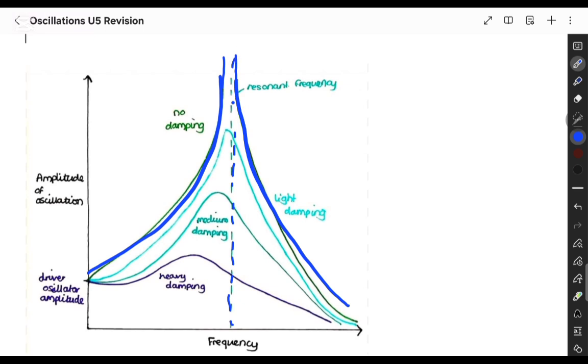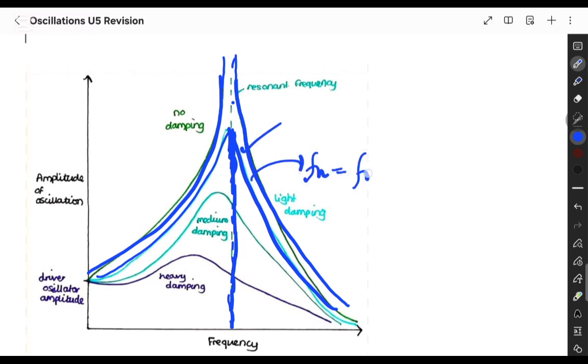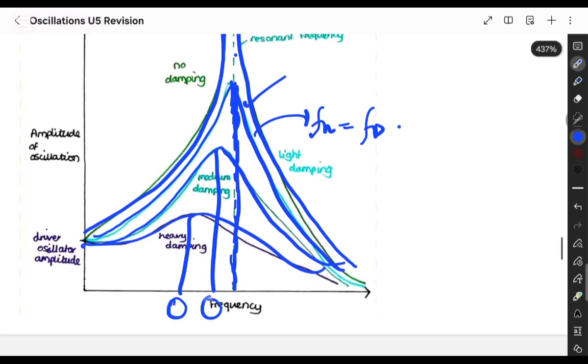Right? And then the usual one that we see in exams is the light damping one. Where the driving frequency is equal to the natural frequency, resonance will occur. That's good. So natural frequency is equal to the driving frequency. And in the other two cases, notice that the point at which the maximum amplitude occurs is shifting away from the natural frequency and going to smaller frequencies.